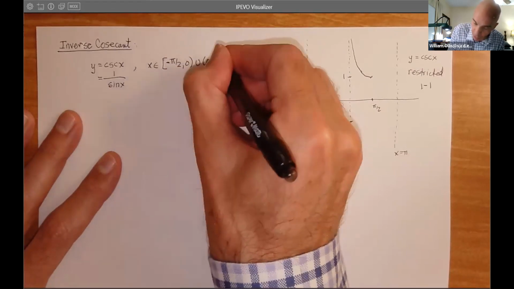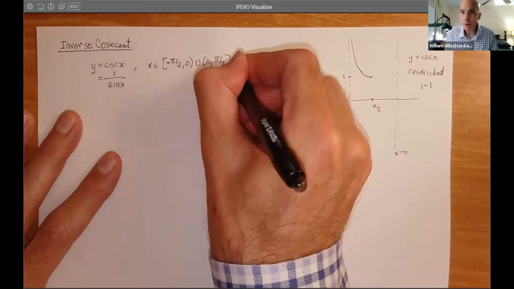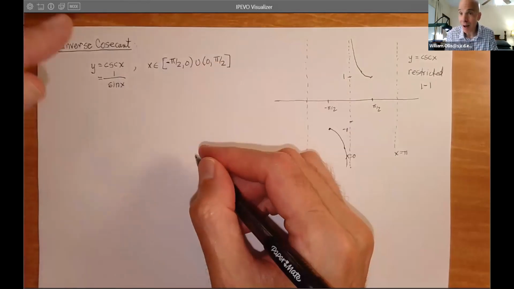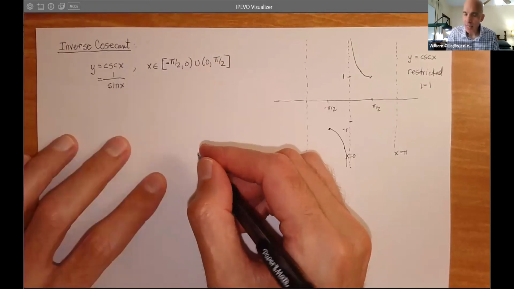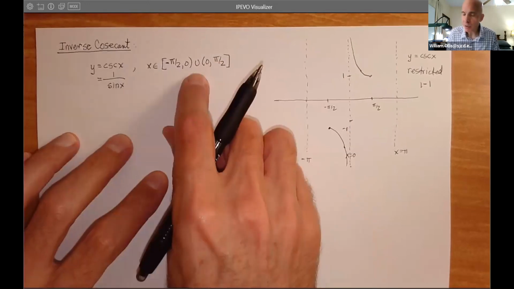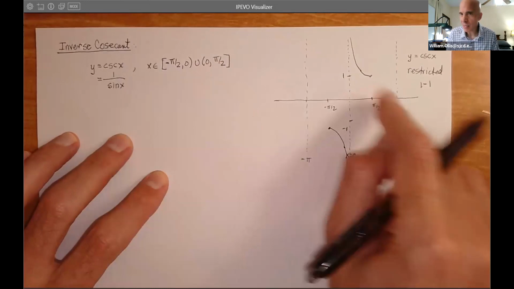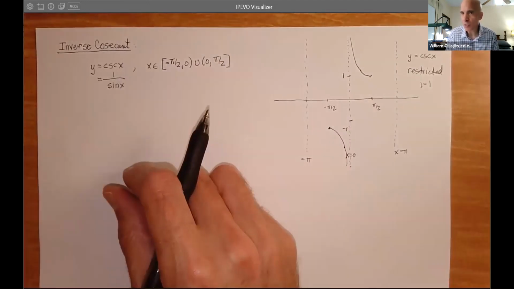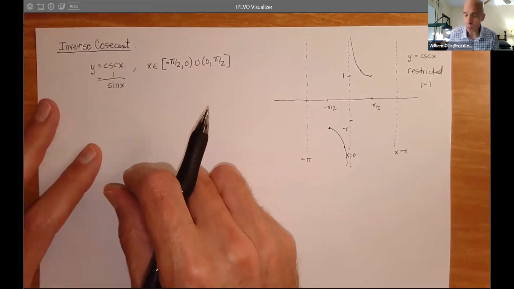Remember, with the secant, we went from 0 to pi over 2, leave out pi over 2 and pi over 2 to pi. So again, this one's similar, but now you're thinking, look how nice we got this symmetry with respect to the origin. So this function's going to have a lot nicer characteristics, easier to work with.